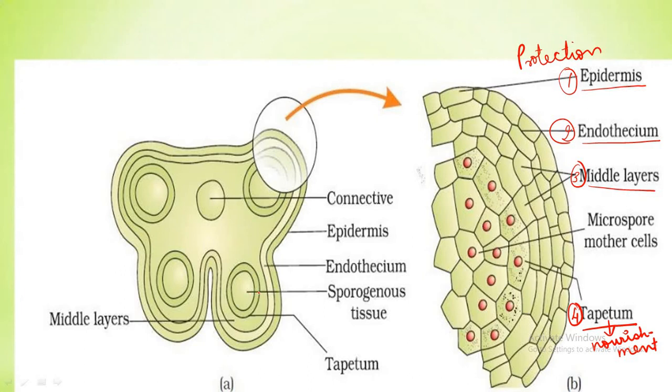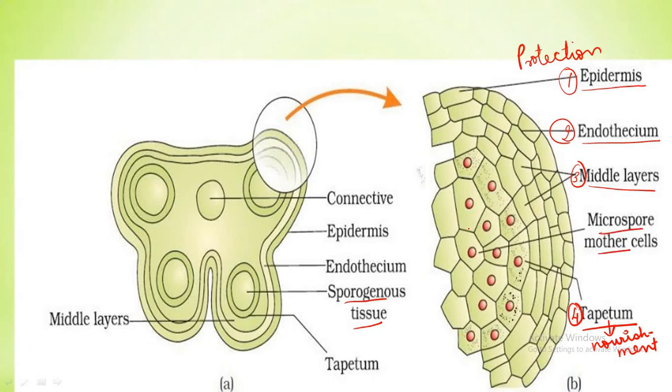Here in this diagram you can see in the center of the microsporangia there are sporogenous tissues. Later these sporogenous tissues develop into microspores, or pollen grains. And how? We will be studying it now. Each cell of the sporogenous tissue is a potential pollen mother cell, or microspore mother cell.